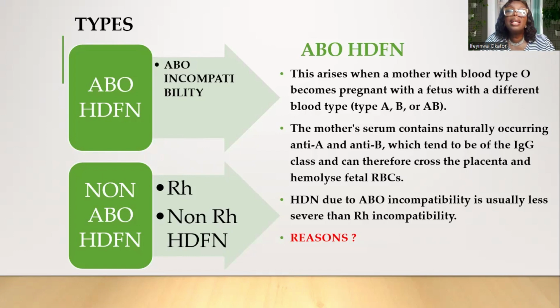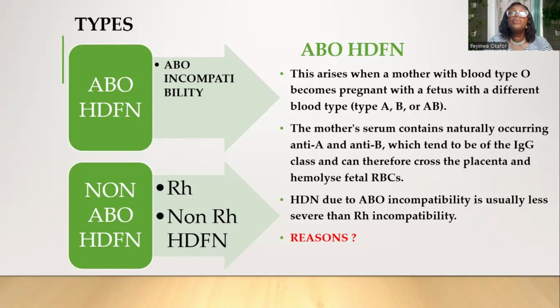And again, remember that antibodies in the ABO blood group system are largely IgM in nature. They are cold antibodies, and the majority of them are IgM, and IgM antibodies do not cross the placenta. So most times, only a small portion of them is IgG in nature.